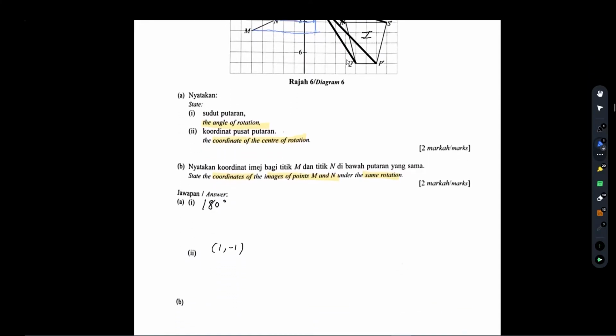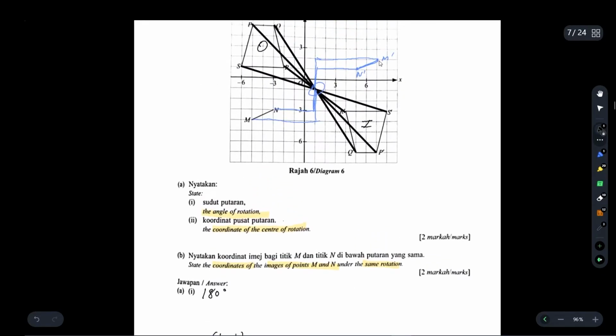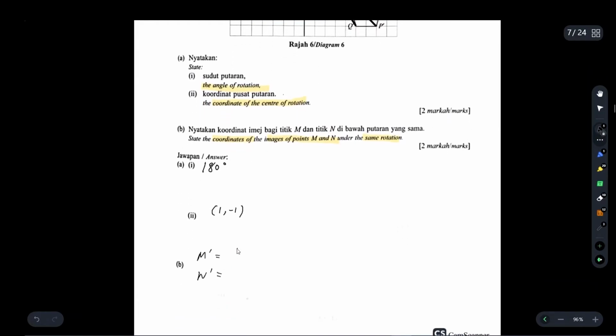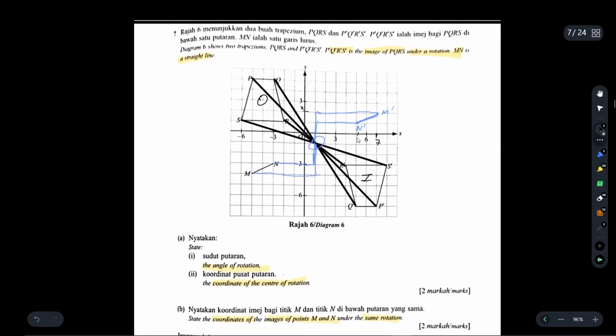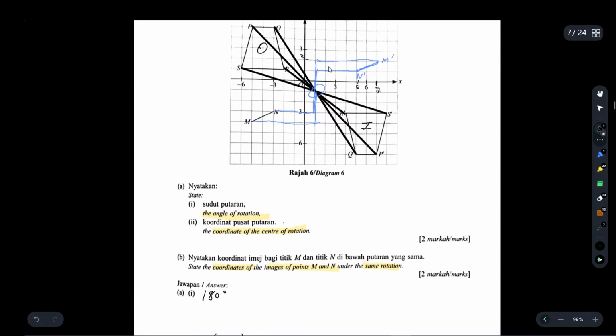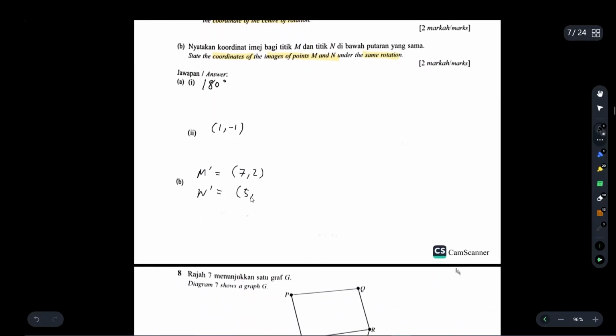So the coordinates of the image of points M and N: the M prime, you can see that this is 7 and this is 2. So it's 7, 2. And the N prime is 5, 1.